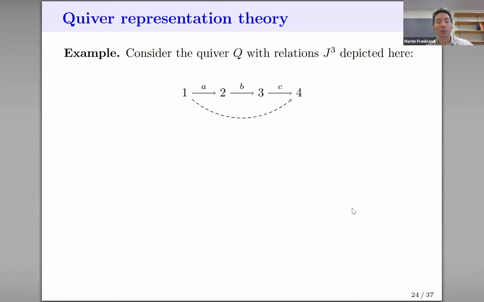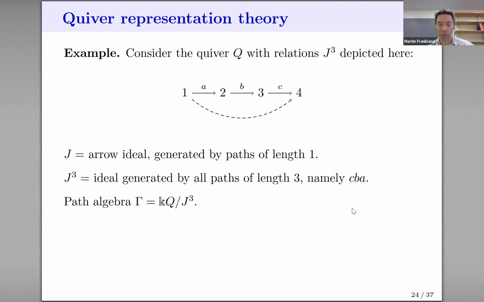All right, let's move on to a more substantial example. I mentioned that the motivation was coming from quiver representation theory, and let's see how that works in practice. All right, let's start with this quiver. As a quiver, it's just an A4 quiver, but we impose a relation. We say that the path of length 3 from 1 to 4 should vanish. That's the relation.